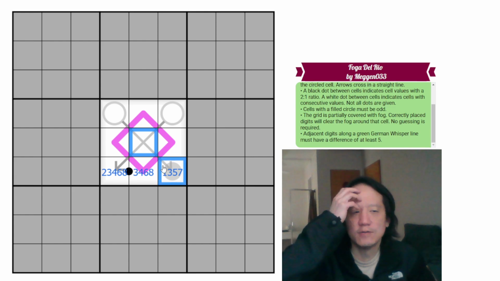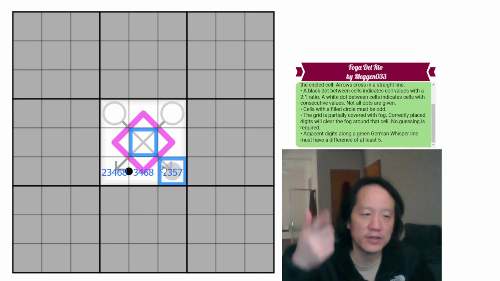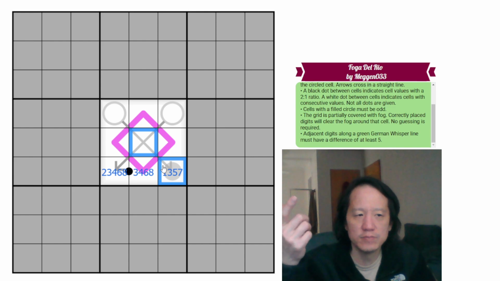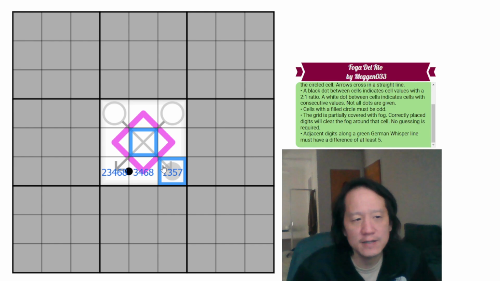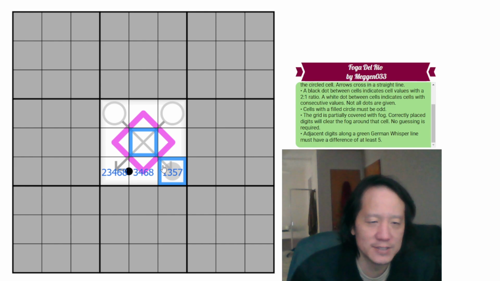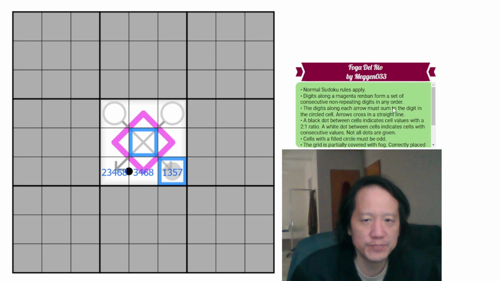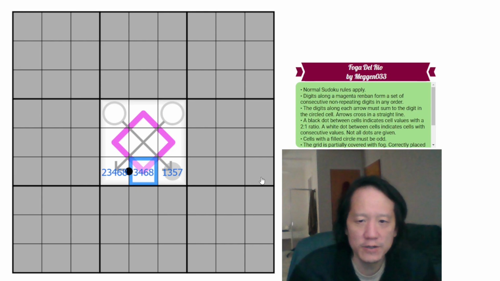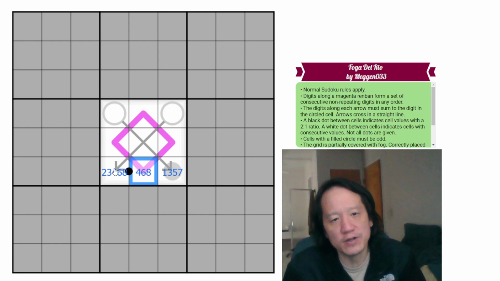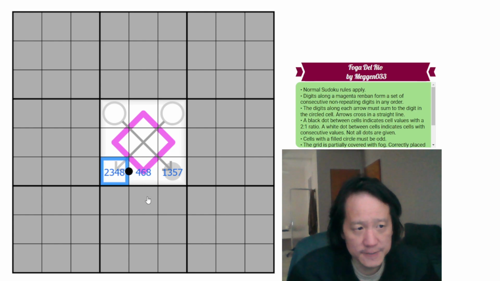Because what can 9 add up to with another digit to form another digit? It would be 0, right? 9 and 0 adds up to 9, but 0 is not a normal Sudoku digit. Therefore, that can't be 9 then. So therefore, this can't be 3 because we've just shown that if there's 3 here, that just doesn't work. So this can't be 3, which means this can't be 6.